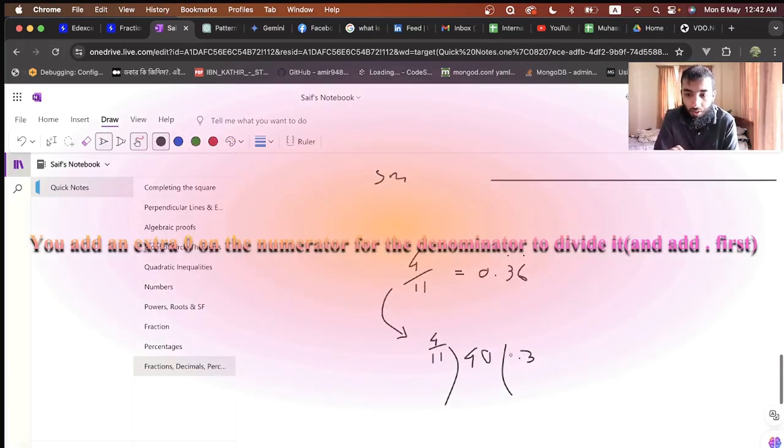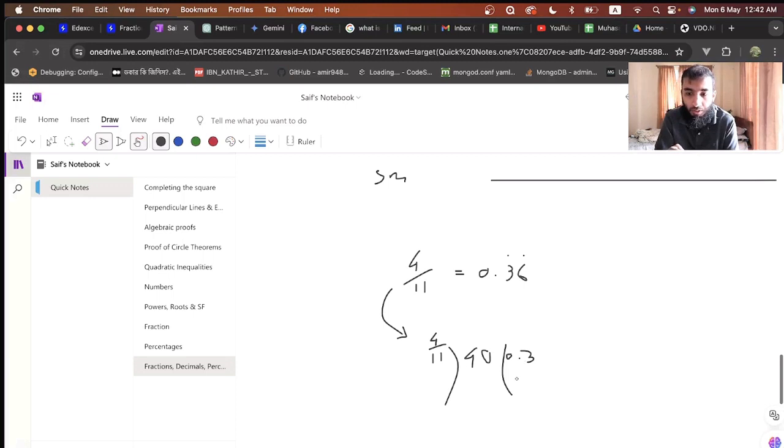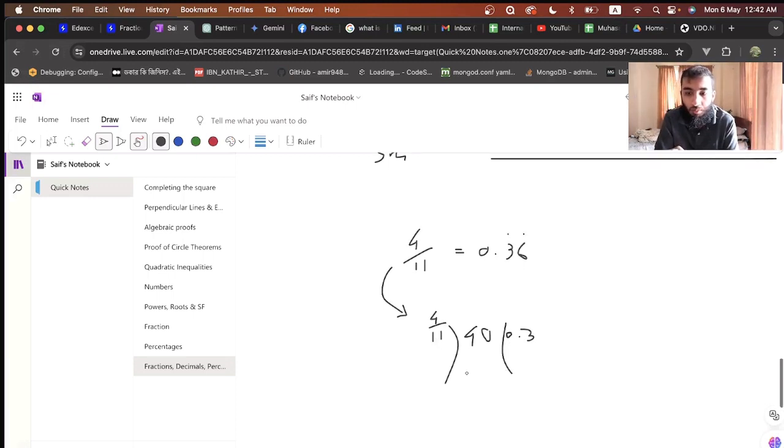So 0.3, right? 11 into 40 is 3, 33, right? So what is left? 7. This is how you can deal with fractions.